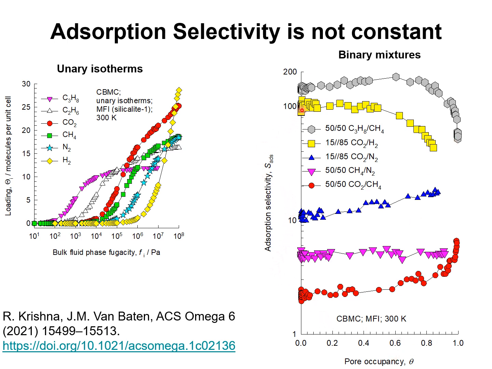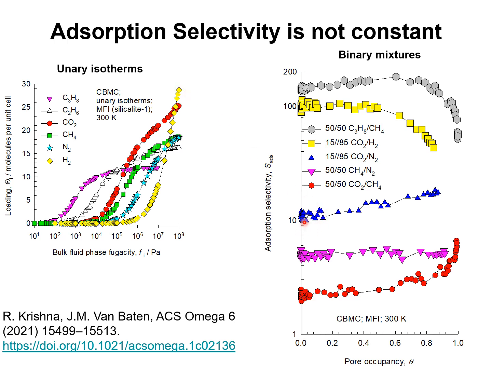The same is true for mixtures of carbon dioxide and hydrogen. Here are molecular simulations for 50-50 CO2 hydrogen mixtures. For low occupancies below about 0.4, the selectivity is practically constant, but as the occupancy increases beyond 0.6, the selectivity is increasingly in favor of hydrogen that has a higher saturation capacity.